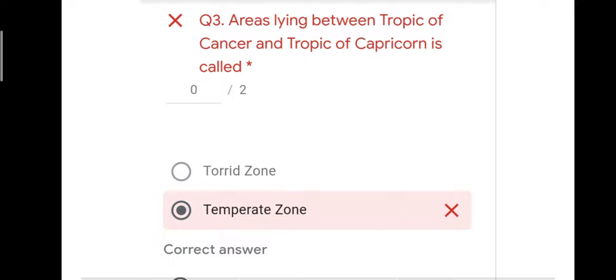And children, that is why if you see this question again, please try to recall the important parallels of latitudes that you have drawn in your copy. And try to memorize and practice that drawing again and again so that you don't make the same mistake again.